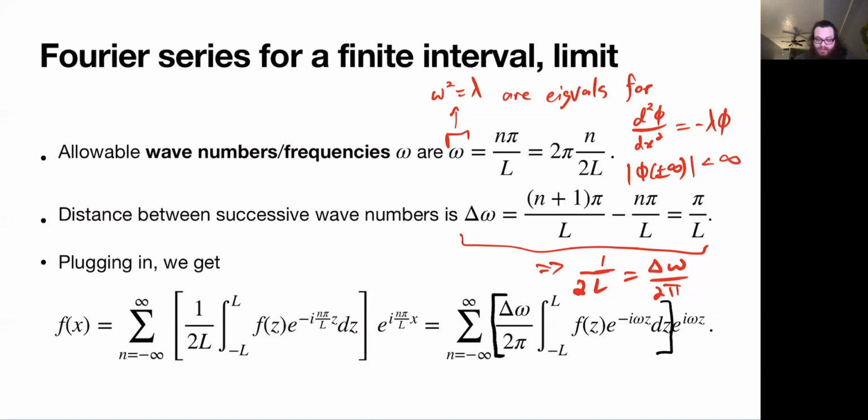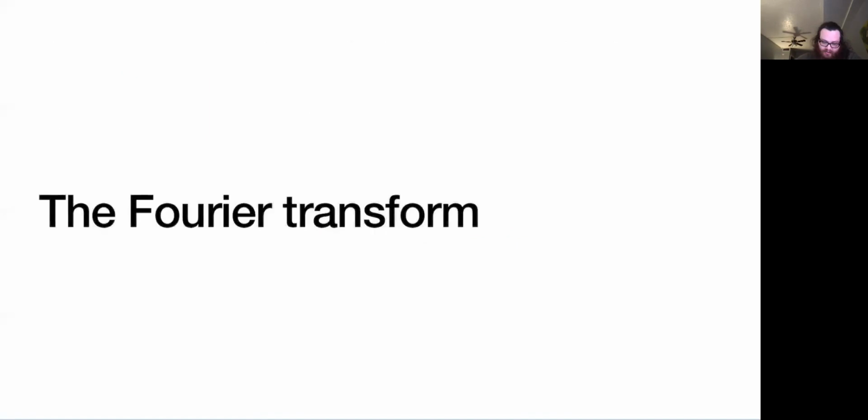Especially as L goes to infinity, if we make this interval larger and larger, delta omega is going to shrink to 0. This increment is going to get smaller and smaller, and we'd expect to pick up a Riemann sum, which converges to an integral in omega. So let's see what that looks like.